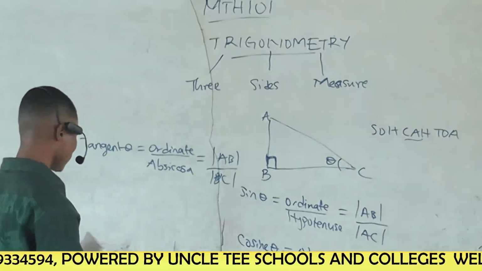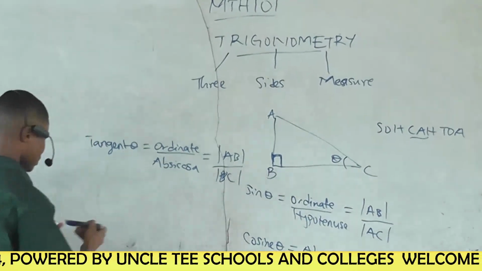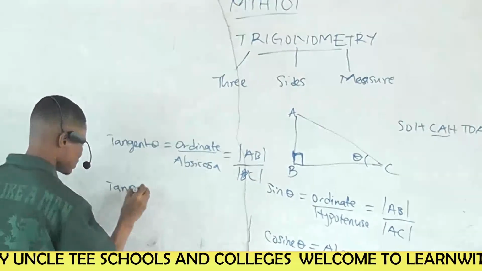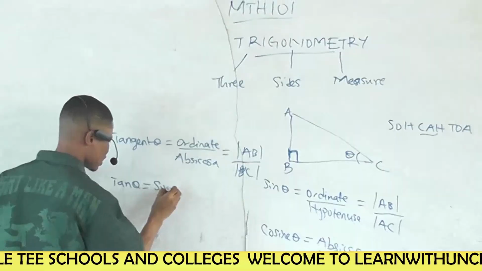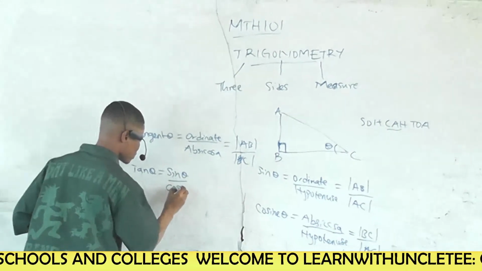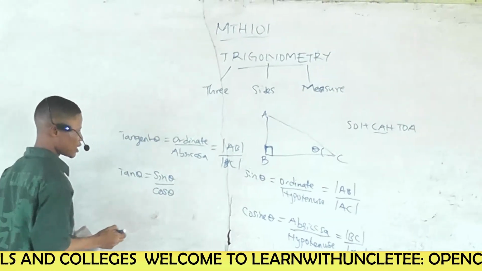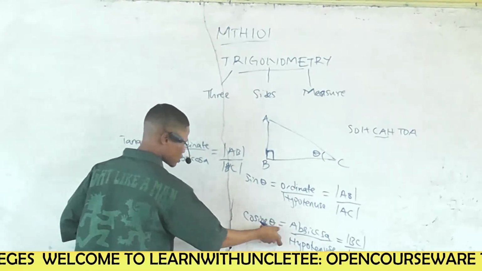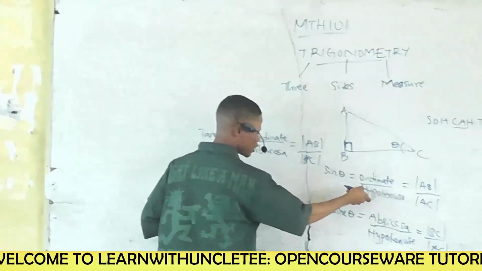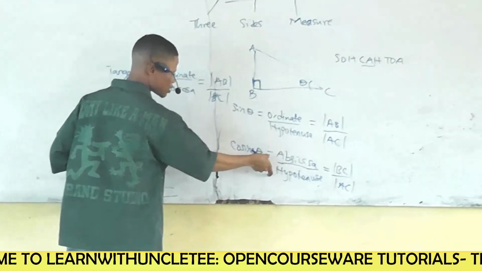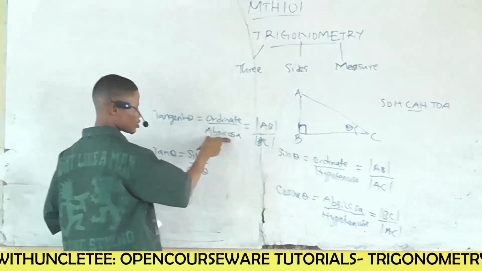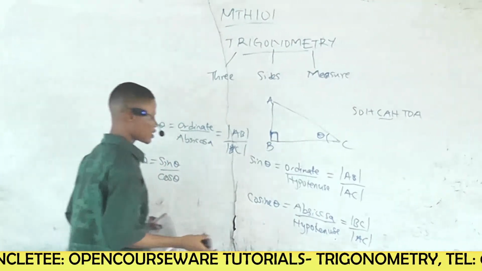And don't forget that tan theta is the same thing as sine theta over cos theta. That is, if you take the reciprocal of cos theta, then you multiply it by sine theta, you are going to get this. What am I saying?